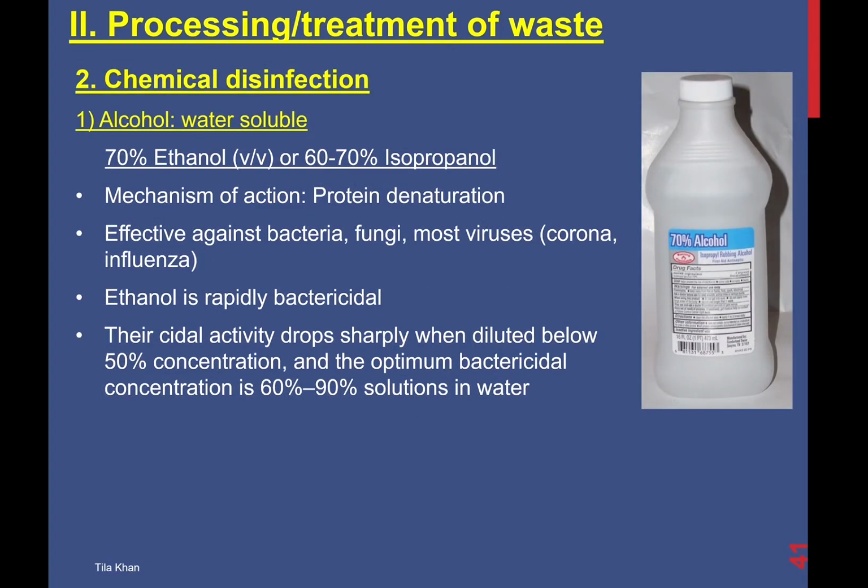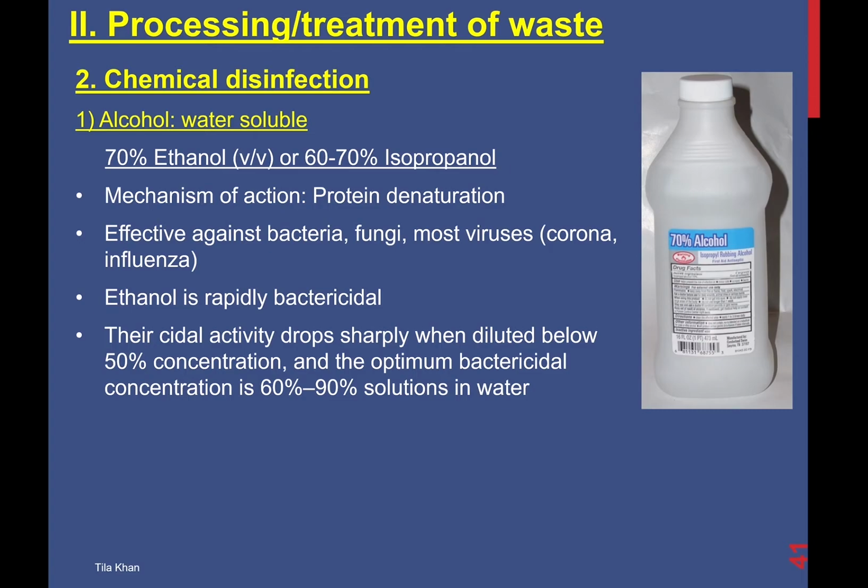The most common chemical disinfectant is alcohol. We all use alcohol daily in our labs. Alcohol is water soluble, that is, dissolved in water to make around a 70% ethanol solution or a 60 to 70% isopropanol solution. Of these, ethanol is mainly used. The mechanism of action of alcohol is protein denaturation, and it is effective against bacteria, fungi, and most viruses including coronavirus and influenza virus.